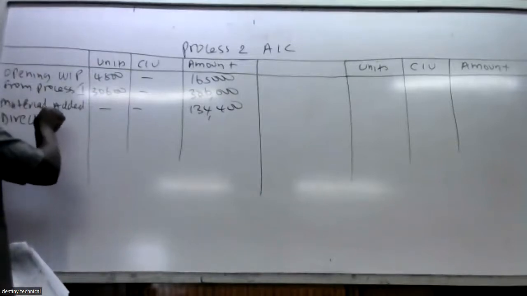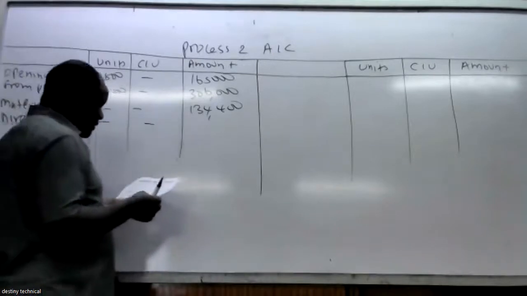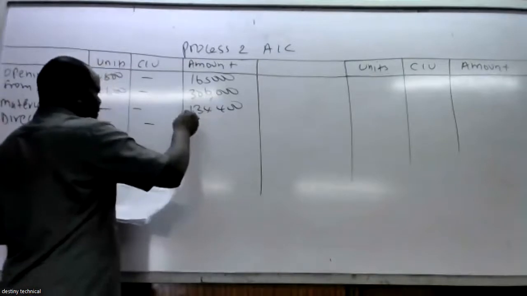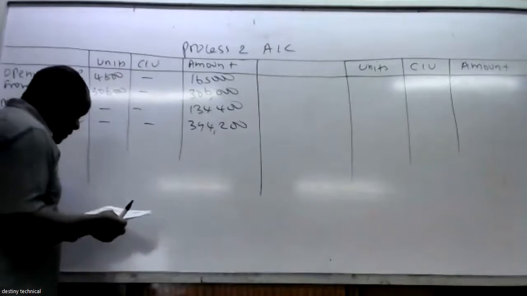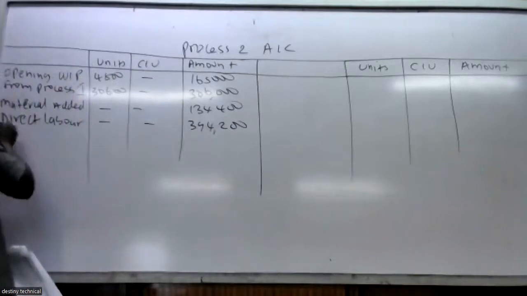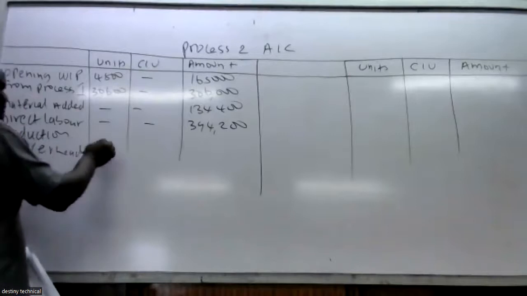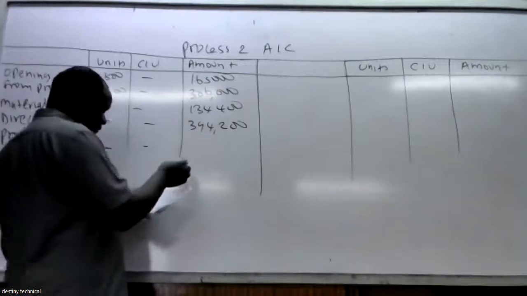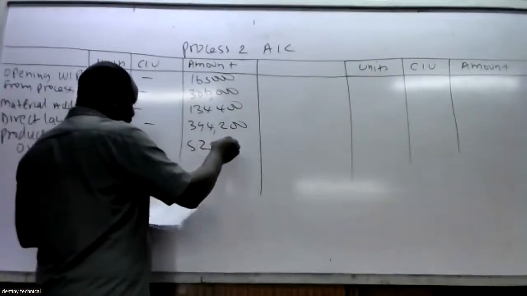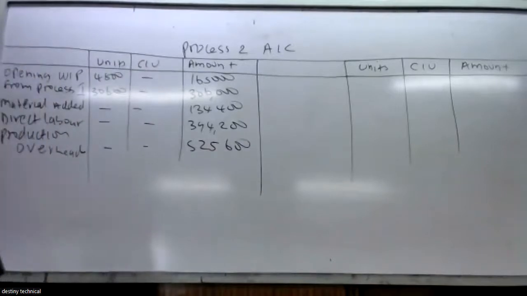For labor, it is meant to be 394,200. Then production overheads. So the figure there is 525,600. So those details are given.